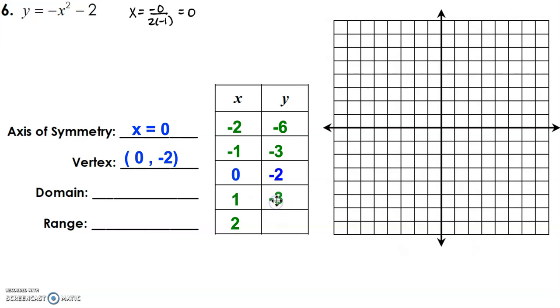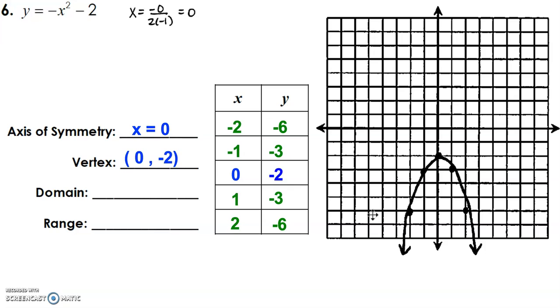We should get -3, because it should be the exact same y value as that direct point on the other side. 2 should give us a -6, so that my parabola looks like this. My vertex at (0, -2), and my symmetrical points on either side of the vertex. Domain should be all real numbers, and the range is everything less than or equal to -2.